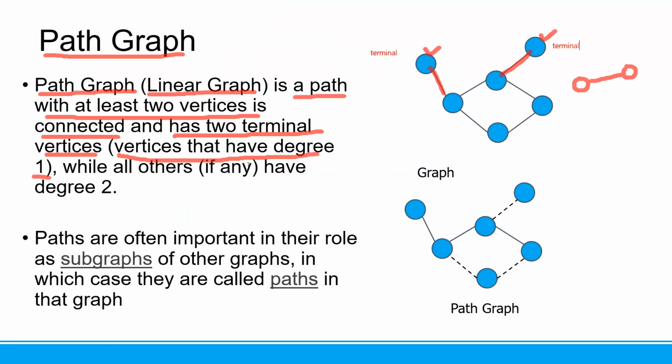While all others, if any, have 2 degrees. So this node, this node, this node, and this node have degree 2. So we call this the path graph.